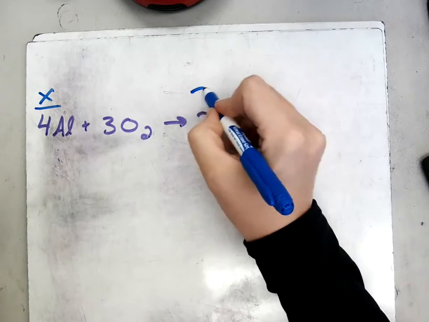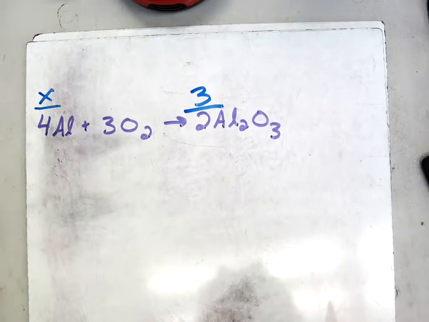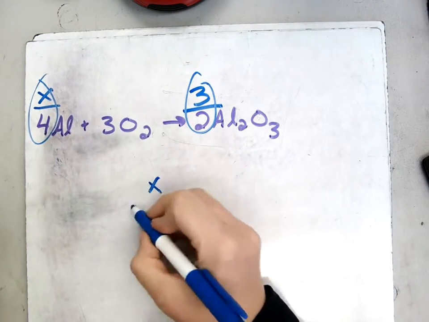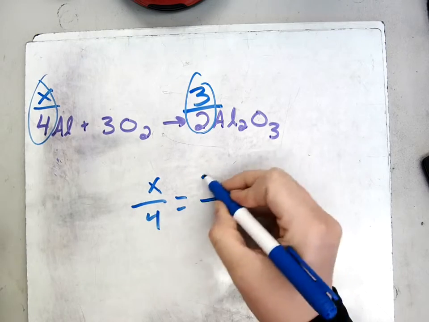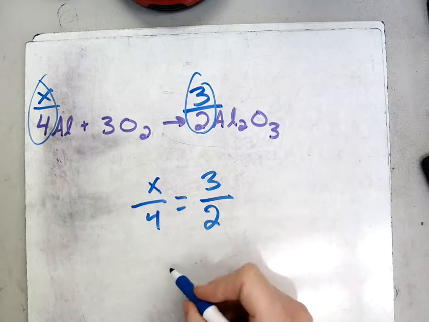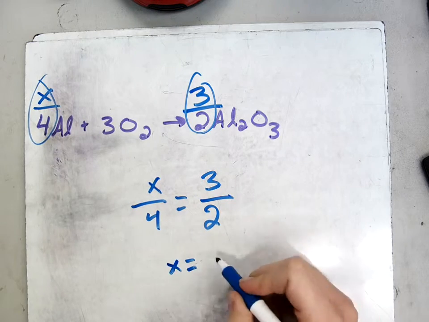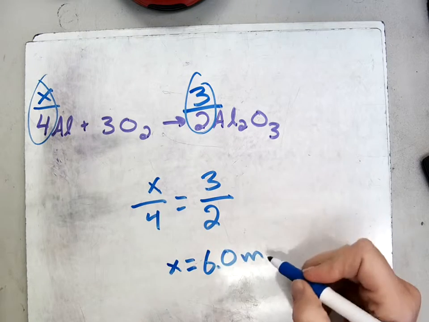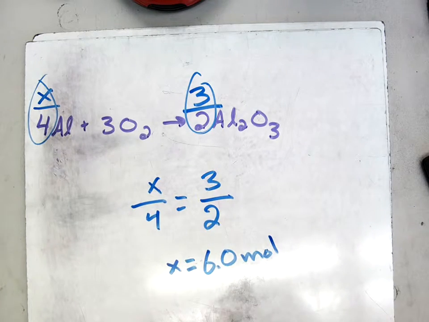My proportion is x over 4 equals 3 over 2. Again, you cross multiply, and you'll notice that x is 6. Is that right? Yeah, 6 moles of the substance.